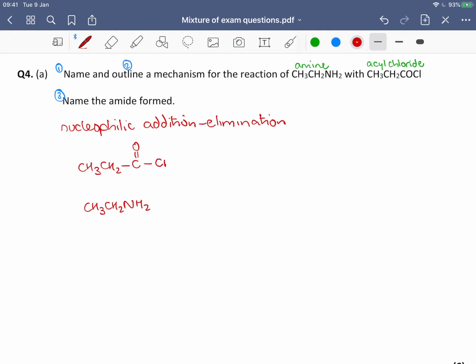So yes, a nucleophile is an electron pair donor, so let's put that electron pair there because it's key for the answer. So that lone pair attacks the delta positive carbon in the carbonyl group, and the pi electrons go onto the oxygen. So then we get an intermediate.